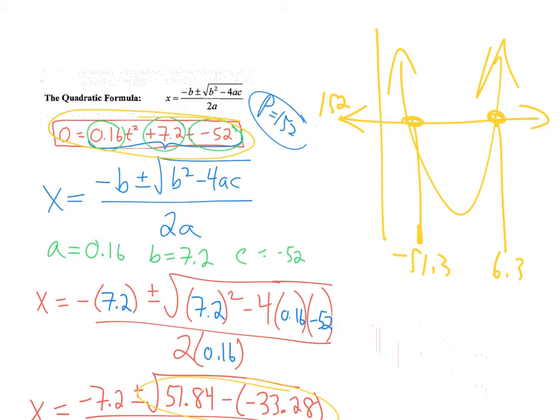So the y-axis is somewhere over here, and you could see there are 2 points on the parabola when the population is at 152,000.